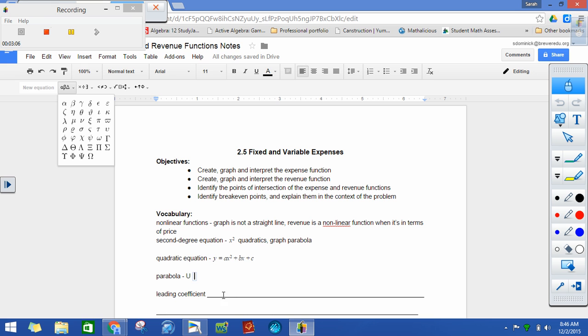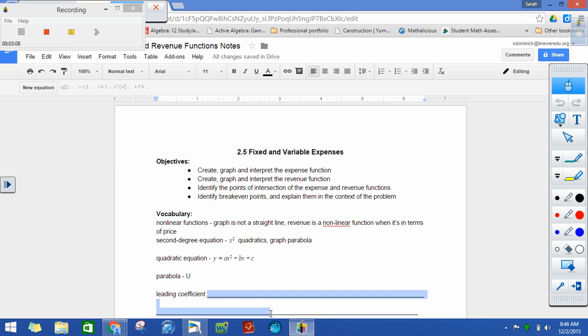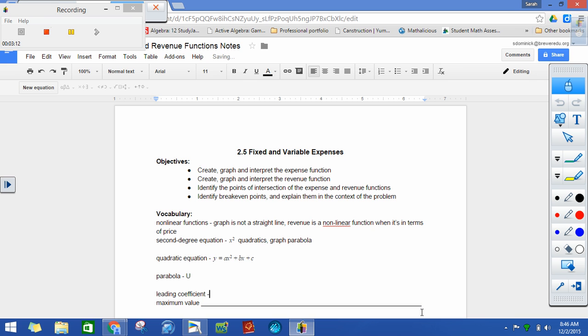Okay. Leading coefficient. If you're talking about a quadratic function, your leading coefficient is the number in front of your x squared. Alright, your x squared leads that quadratic equation. The leading coefficient is just the number in front of it. If it's in standard form like this, your leading coefficient will be the a.